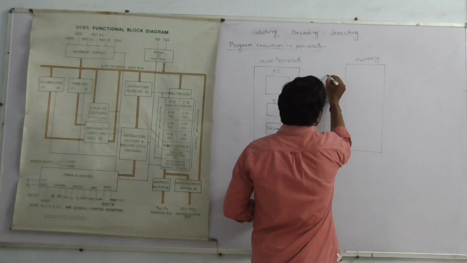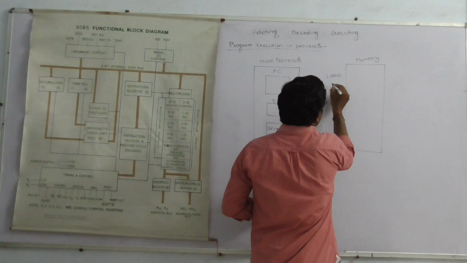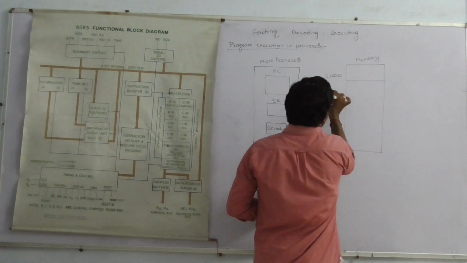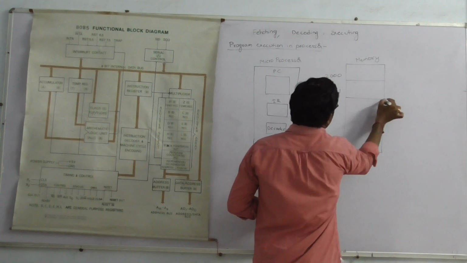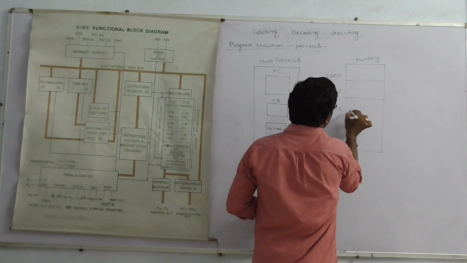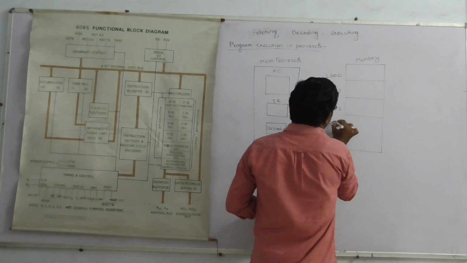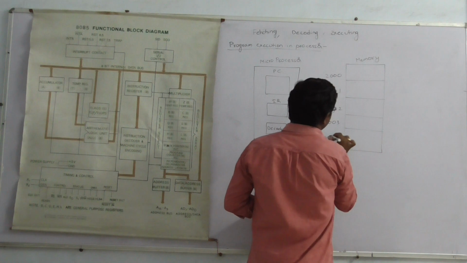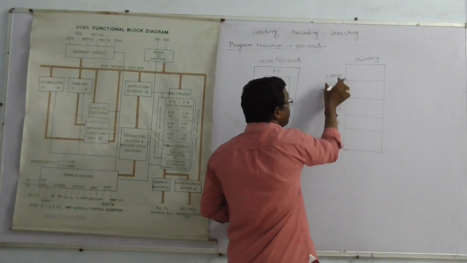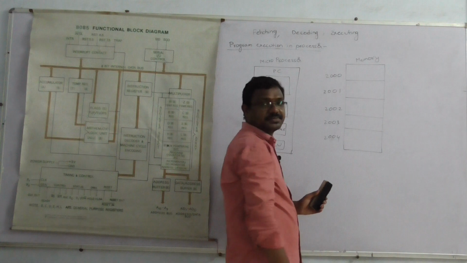For example, in memory we have locations 2000, 2001, 2002, 2003 and 2004.